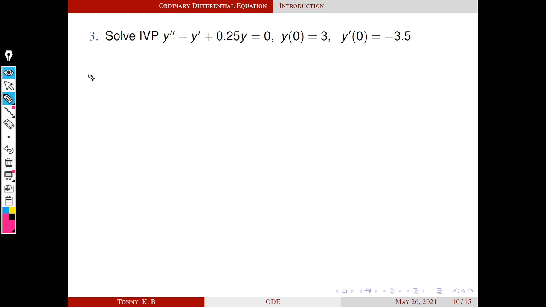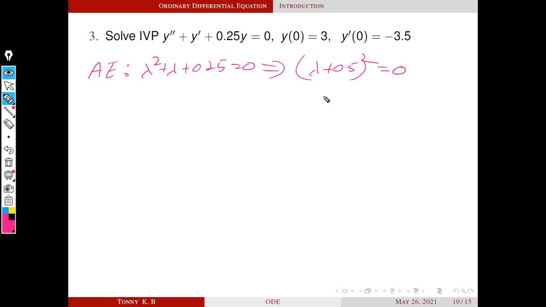First we have to write the auxiliary equation or characteristic equation, that is lambda square plus lambda plus 0.25 equal to 0. This is the auxiliary equation. Next we have to solve it. It is clear that this expression is lambda plus 0.5 whole square, equal to 0.